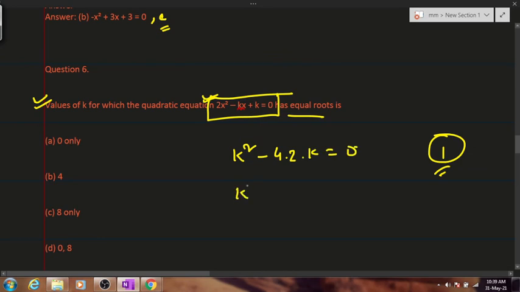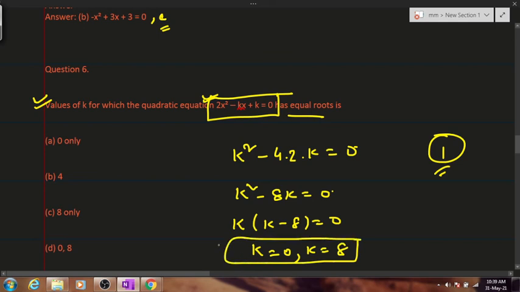Now you see very carefully. This is what happens when you have equal roots. How many got this answer?